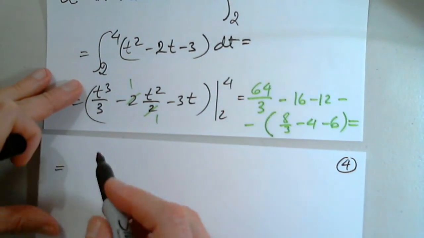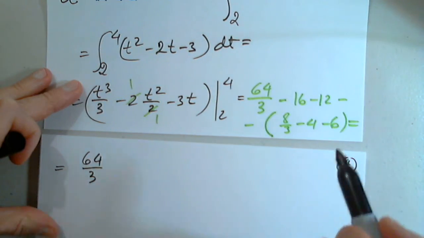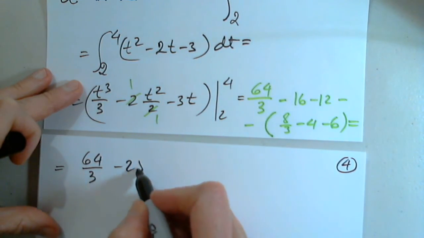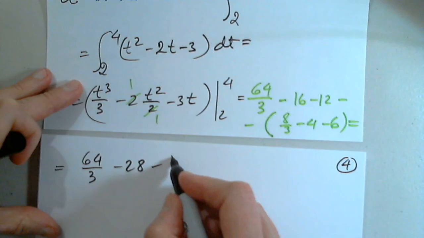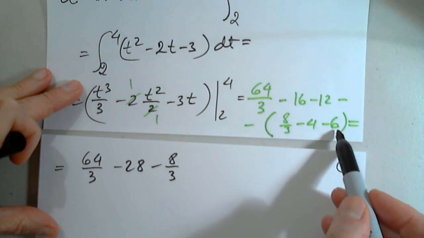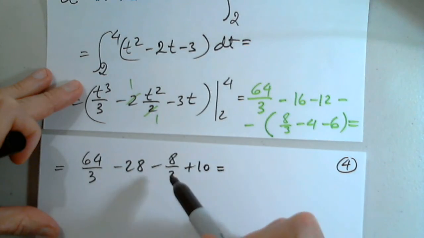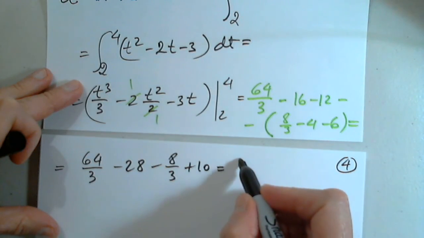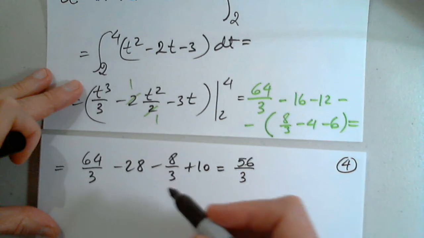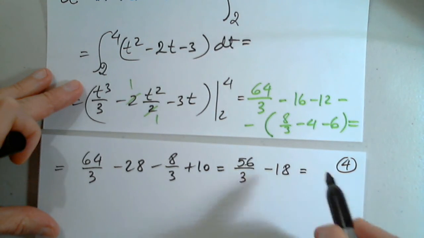Okay, 64 over 3. I get here minus 28 and minus 8/3. And this is negative 10 with minus in front. So 64 minus 8, I think it's 56 over 3. And this is minus 18.